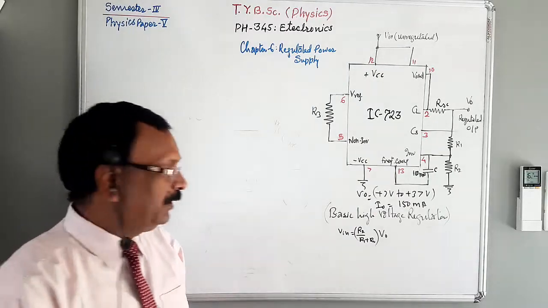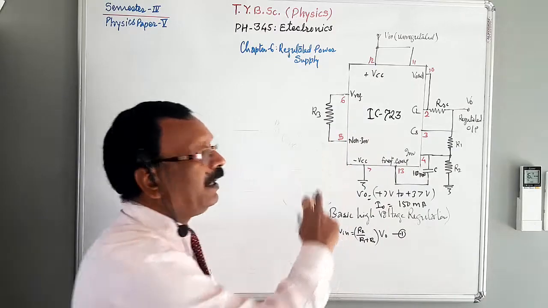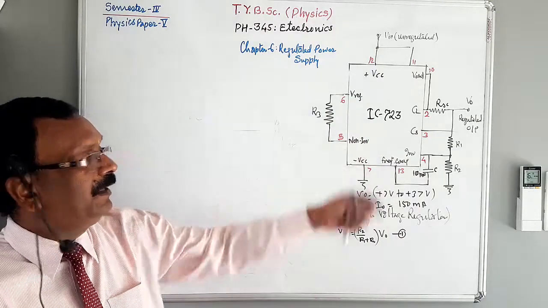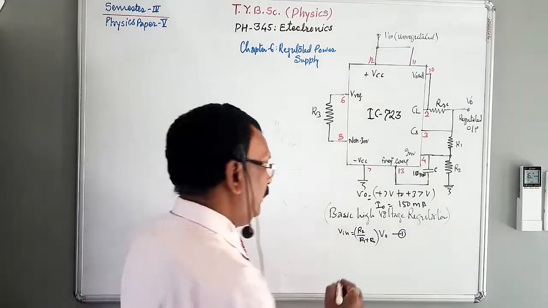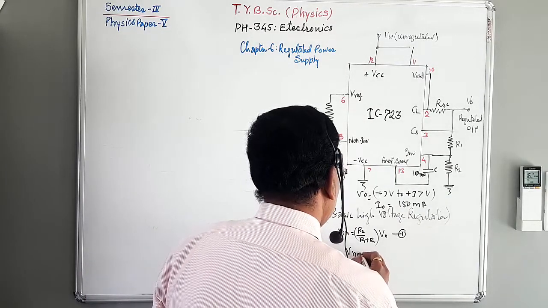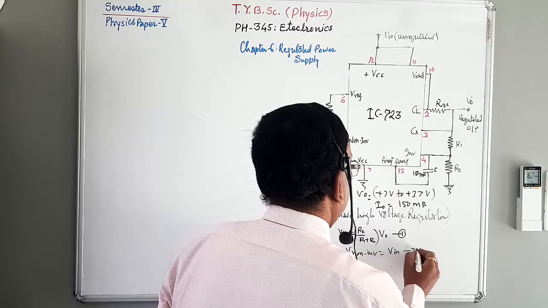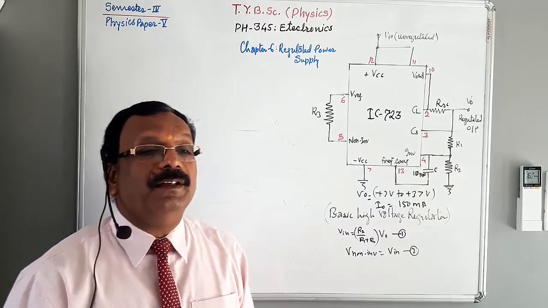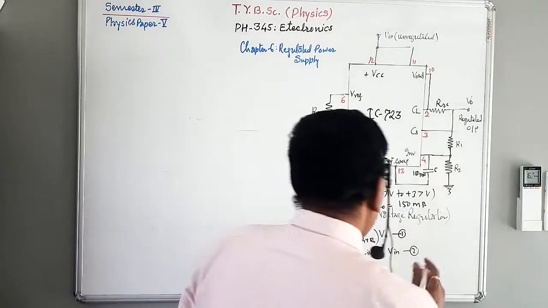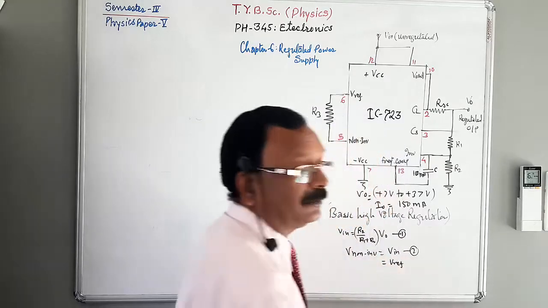Suppose this is equation 1. Now, according to the high gain error amplifier which is inbuilt in the circuit, V non-inverting is equal to V inverting. Suppose this is equation 2. This is according to an error amplifier. This is also equal to V reference.